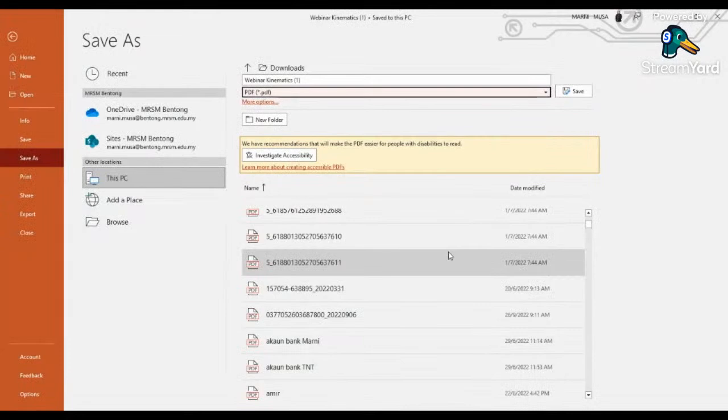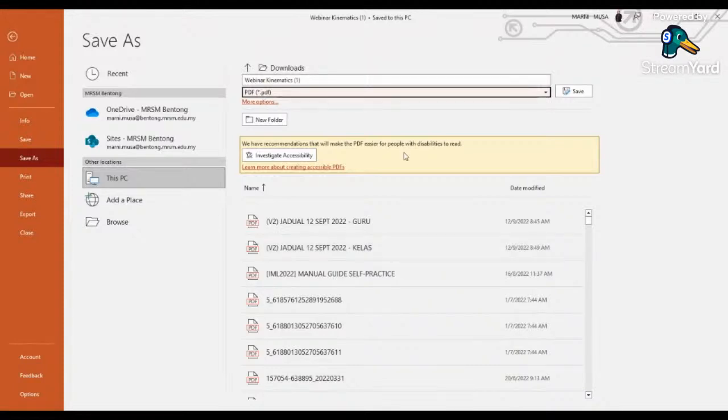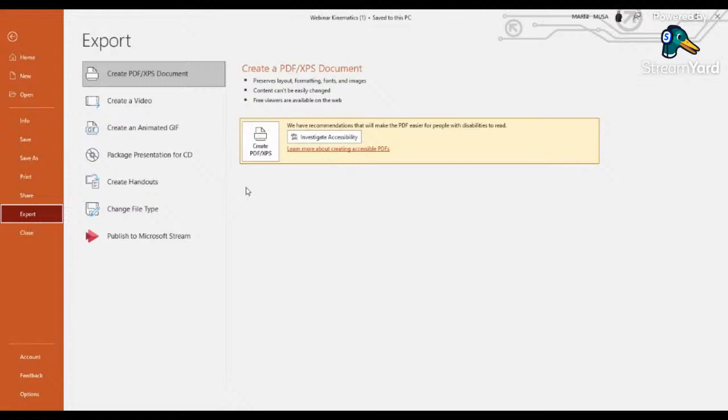Turun bawah sikit. Tekan go to export. Yang ni save as. Yang tadi tu kat tepi sekali tu ada save as tu. Okay. Pergi bawah sikit. Export. Yes. Tekan situ. Okay.